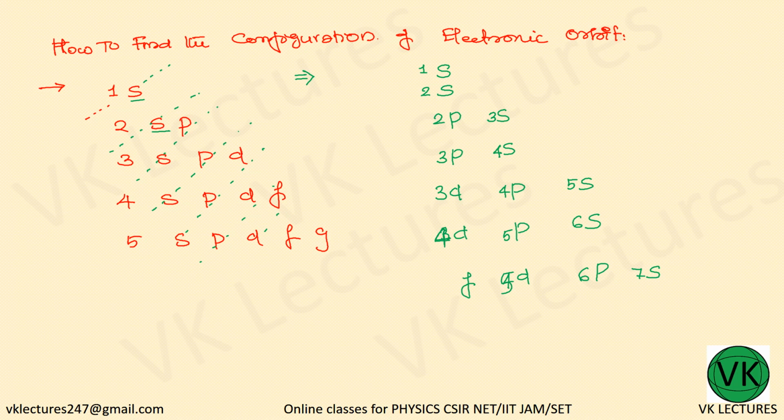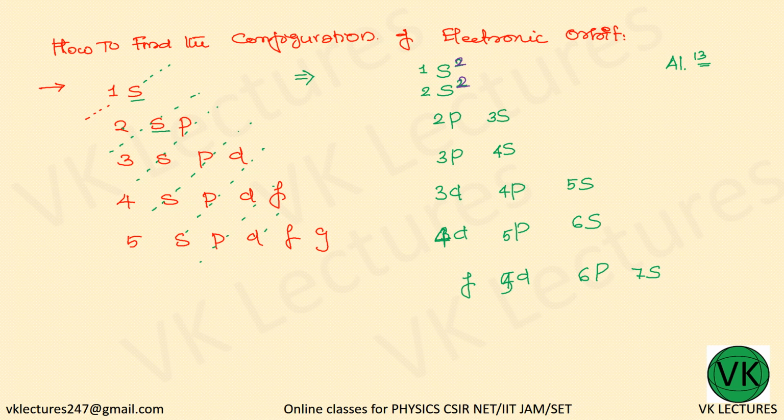For example, if we are asked to find out aluminum, atomic number 13, what you have to do is arrange these 13 electrons in these orbits. So aluminum has got 13 electrons, so I am placing 2 here, 2.